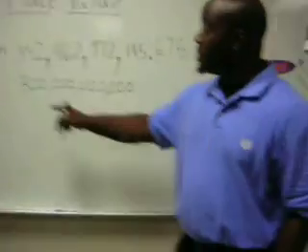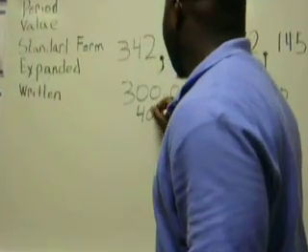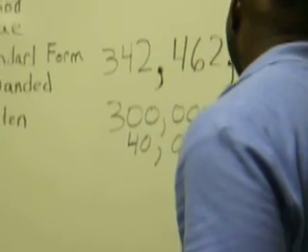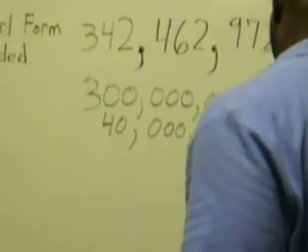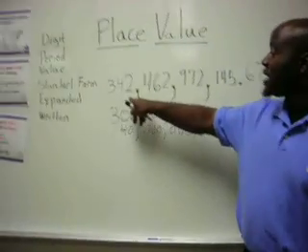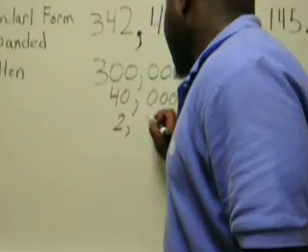So now I can move down to my 40. That'll be 40 billion. Now right here, this is our billions place, so that number will be 2 billion.